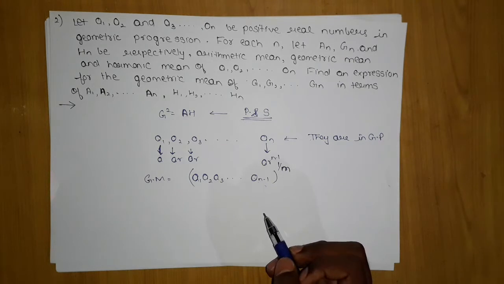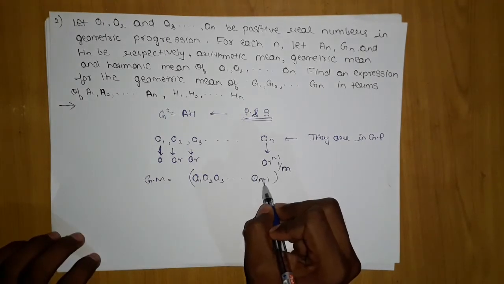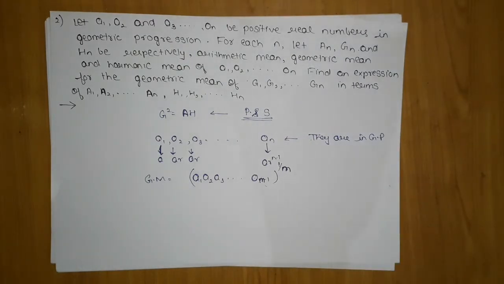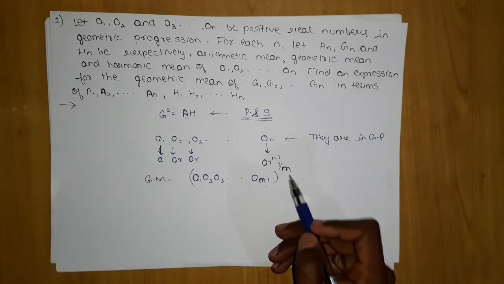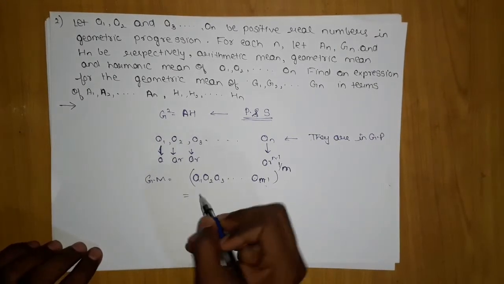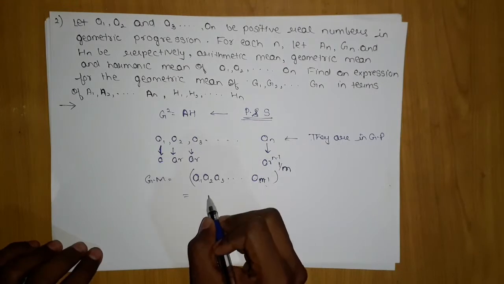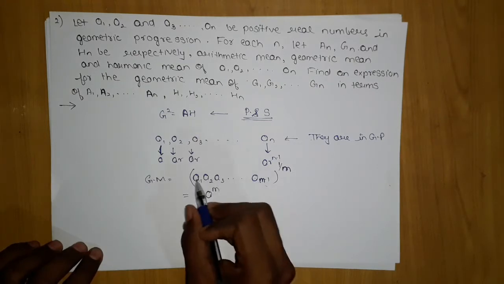So when we open this, there will be a r power n minus 1, and we don't want to have one more n here, as it will create confusion, so we are using m. So total m terms are there. If I just multiply the a, I will get a power m, since all will be a till m times.